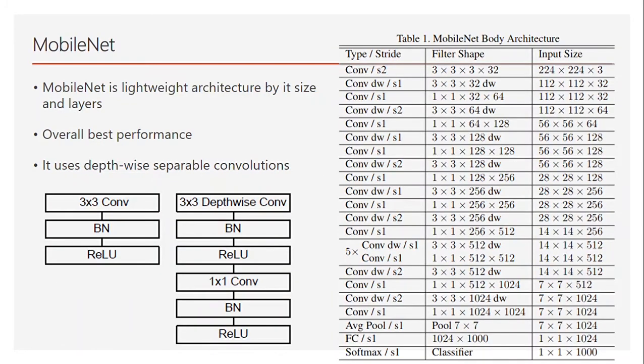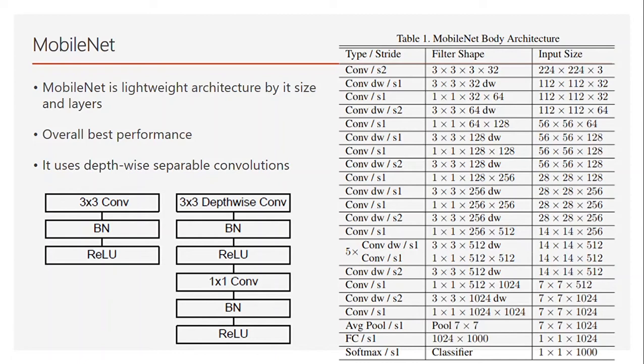The next neural network architecture we used is MobileNet. It is a lightweight neural network architecture which is 52 layers deep, and that architecture has the overall best performance compared to other neural network architectures. The core idea behind this architecture is depth-wise separable convolution. That means it uses two kinds of convolutional blocks.